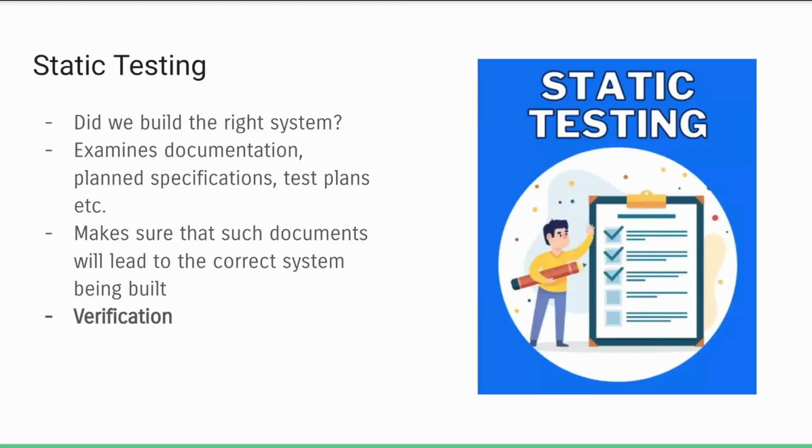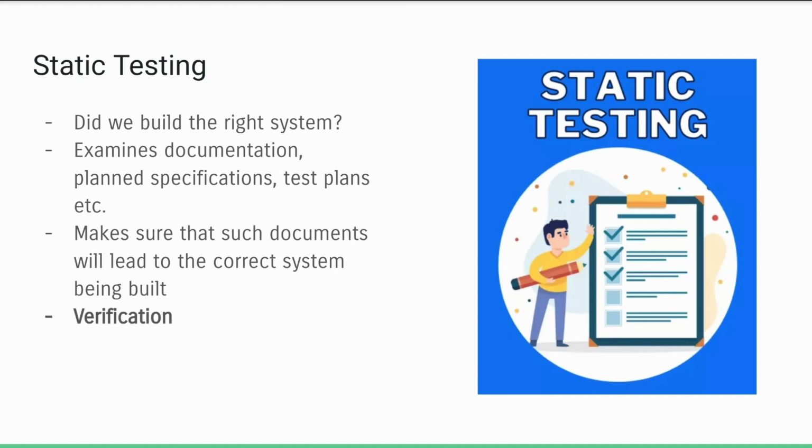So the first type of testing is called static testing. Now, what we're doing here is we're examining documentation, specification, and test plans to make sure that the system that is being planned is the right system. So for example, let's say we want to do static testing on a piece of software that keeps track of patients in a hospital.